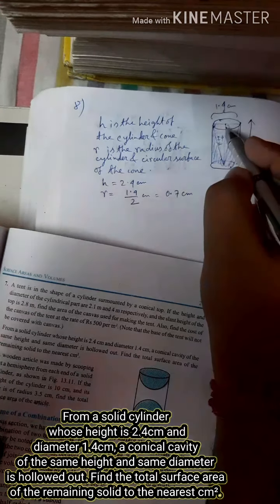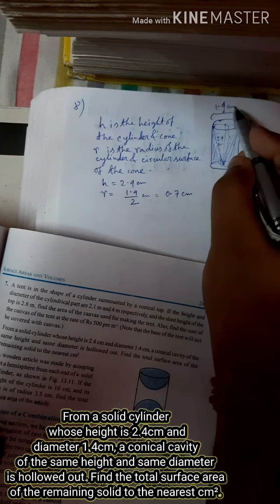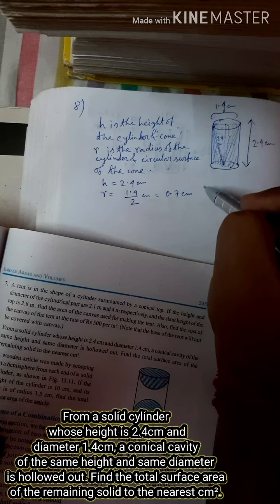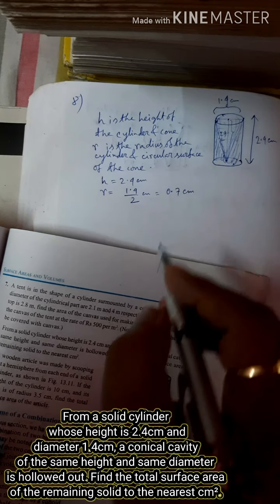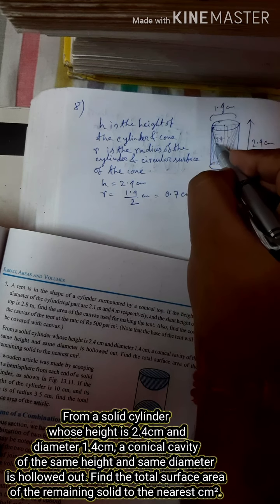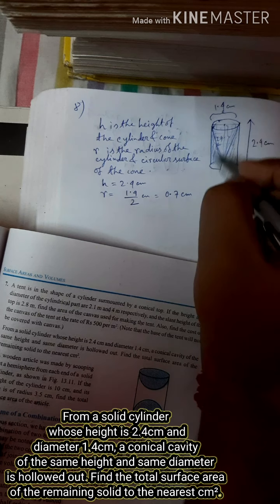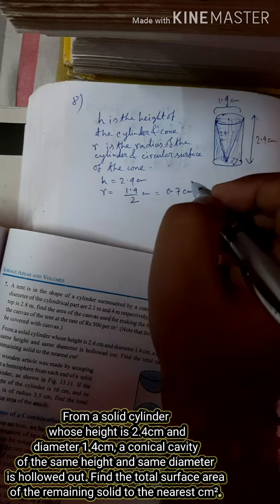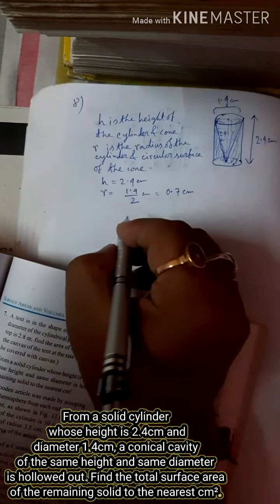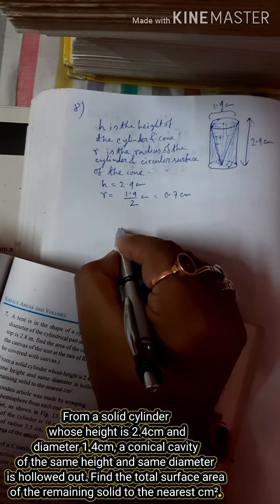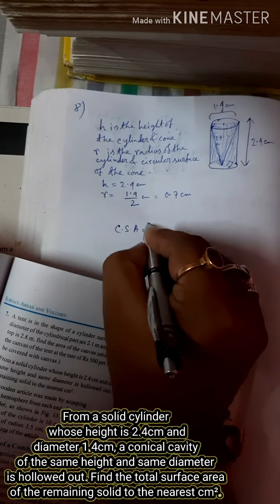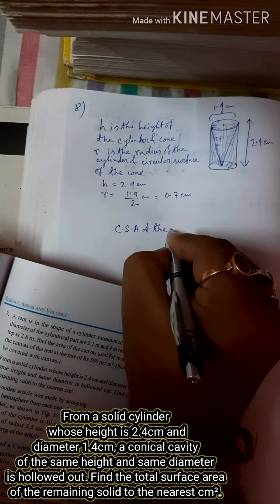If I see from the upper side, then I will see that this portion will be hollow, right? So if I have to calculate the total surface area of the remaining solid, then I have to calculate the curved surface area of the cylinder.